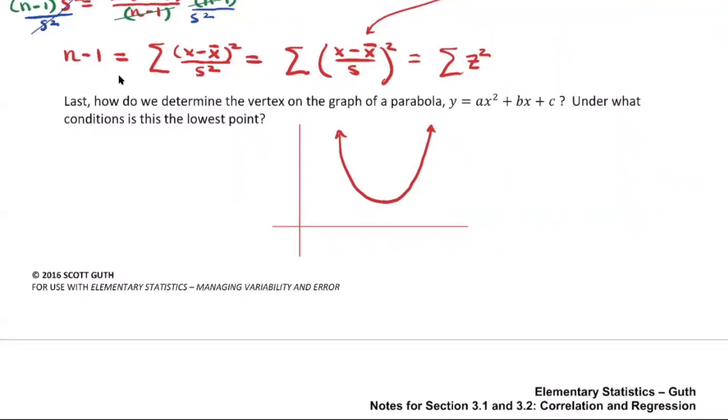The lowest point, if the graph opens upward, then this is the lowest point. It's called the vertex. Again, under what conditions is this the lowest? So it's the lowest. I'll do an asterisk here and say it's lowest if the parabola opens upward.